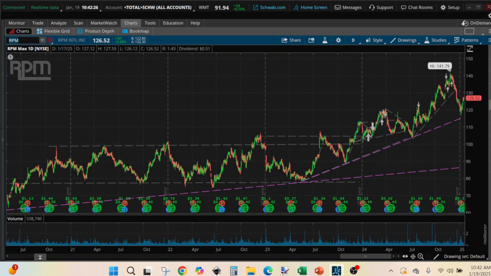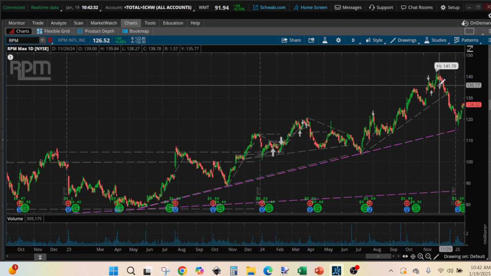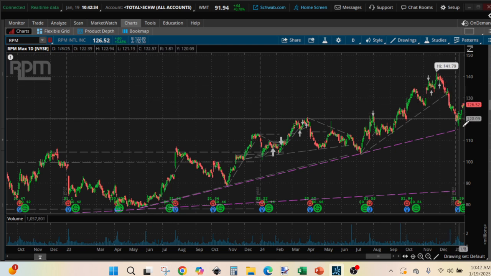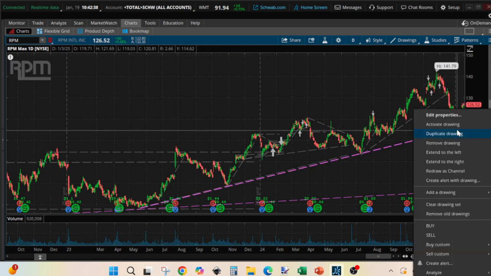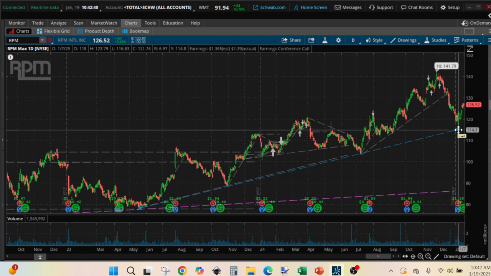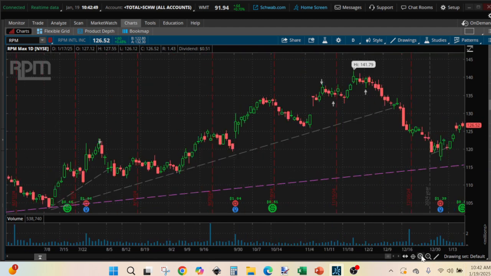So RPM, we purchased it right up there. That one ended. It went down and reached the trend line, that's the lower uptrend line, and making higher lows there.